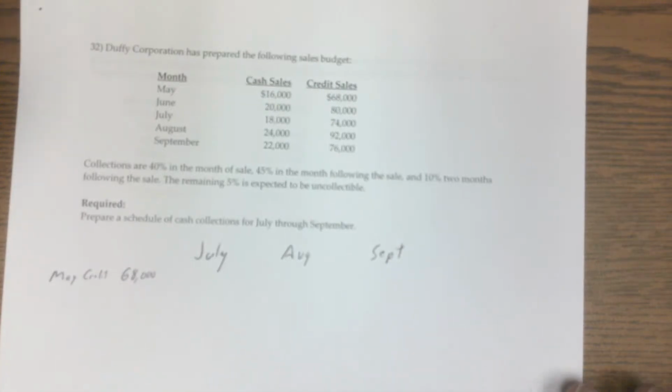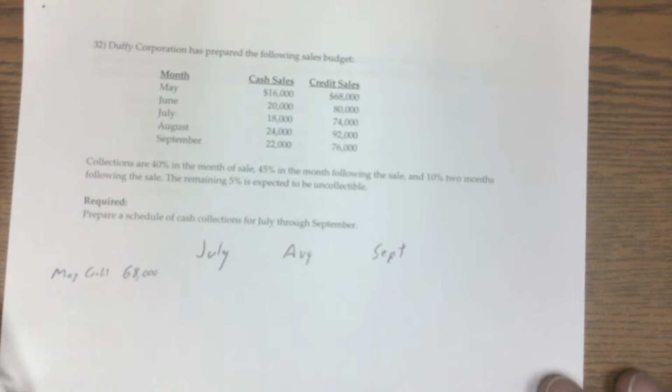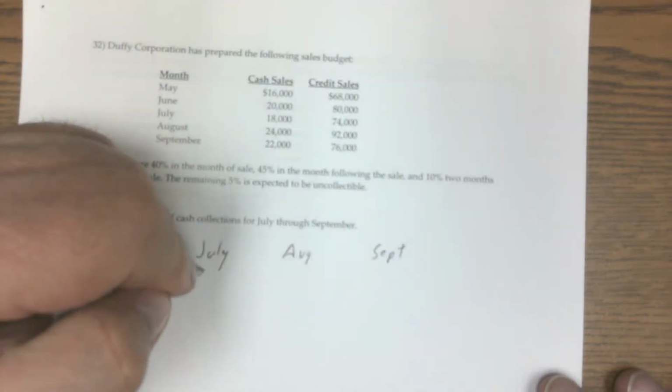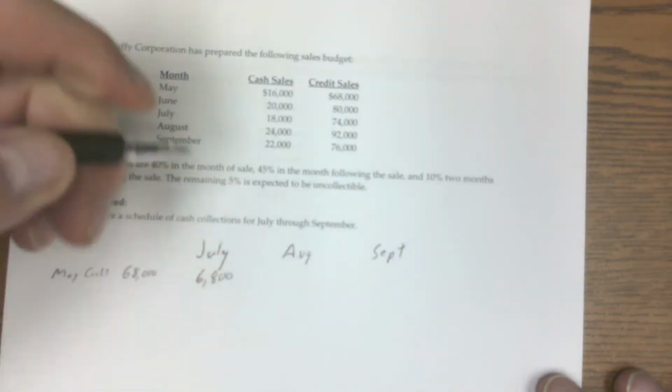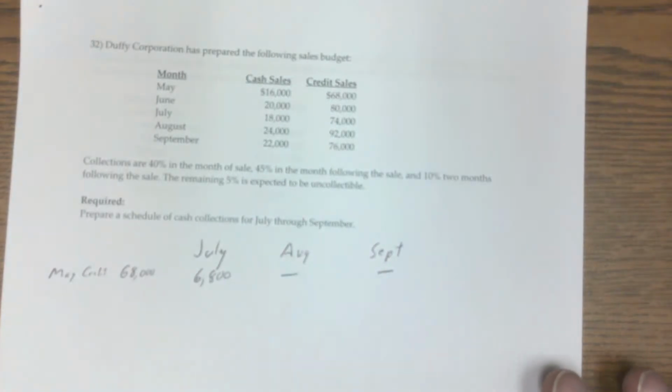And that will be 10%. So May we collect 40%, June we collect 45%, in July we collect 10%. So that'll be 6,800, and we are done collecting May's credit sales.